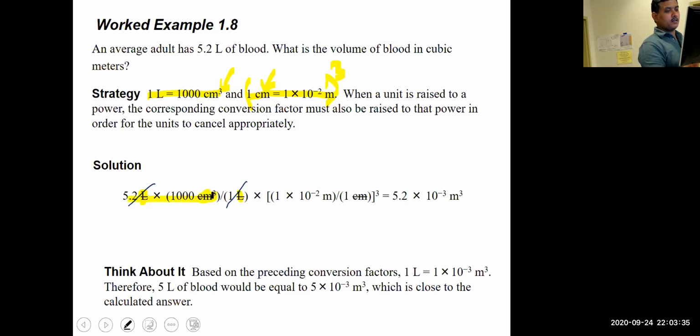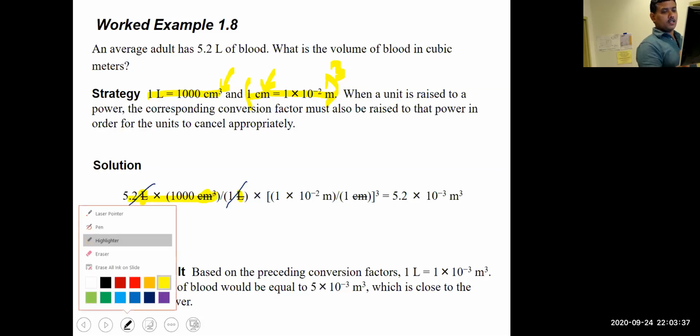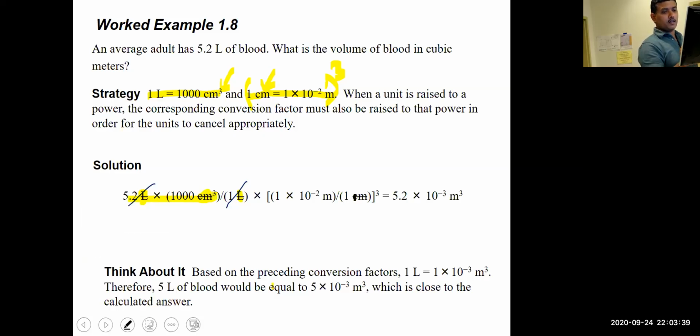So you need to cancel the centimeter cubed with a centimeter cubed in the denominator in the follow-up conversion factor. That's why you multiplied this whole equality with the power of 3. Now if you do the calculations, you will end up with the answer of 5.2 times 10 to the power of -3 meter cubed. So you present your answer in meter cubed, which is what the question is asking.